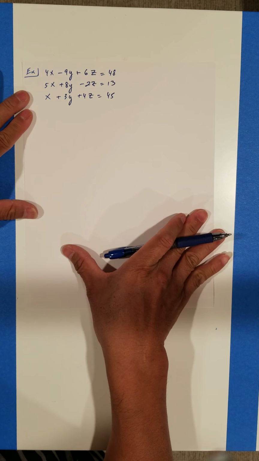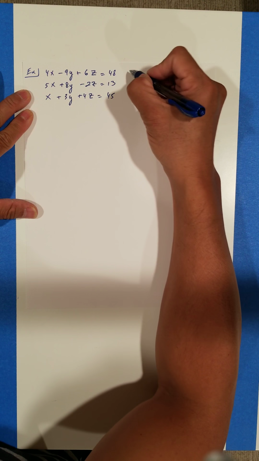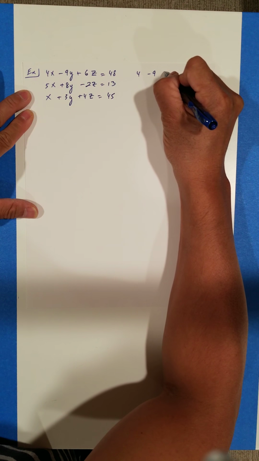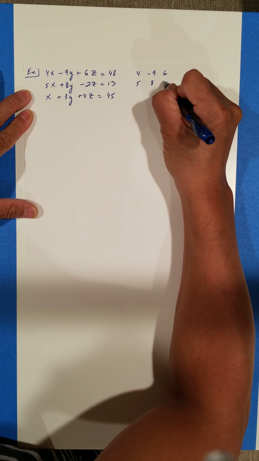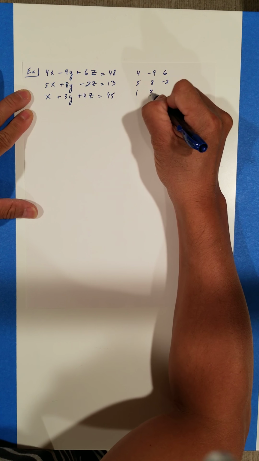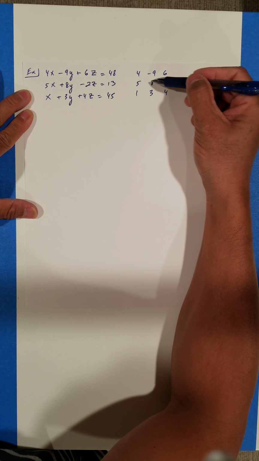So the first thing I want to do is write this as a matrix. So just taking the coefficients would be 4, -9, 6, 5, 8, -2, 1, 3, 4, right? So just making sure I get it right.